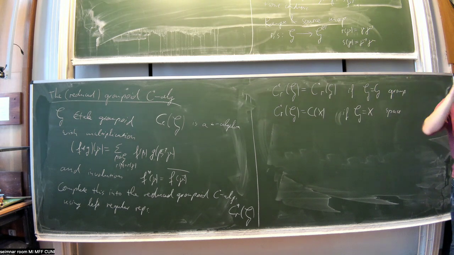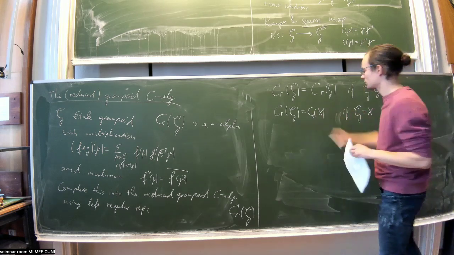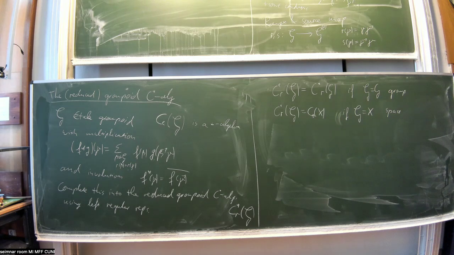Now the question is, what are the right morphisms for groupoids? The naive guess would be that you just take a map of the underlying sets.